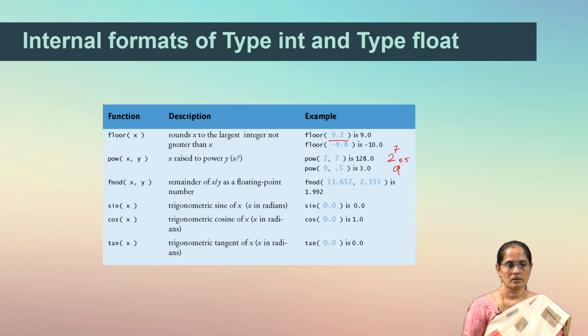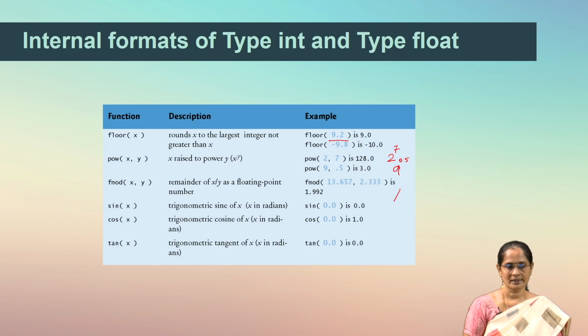The fmod function will allow us to get the remainder of a division. Generally we get the quotient of a division by just applying the slash operator, but for finding the remainder of a division, we can make use of the function fmod.